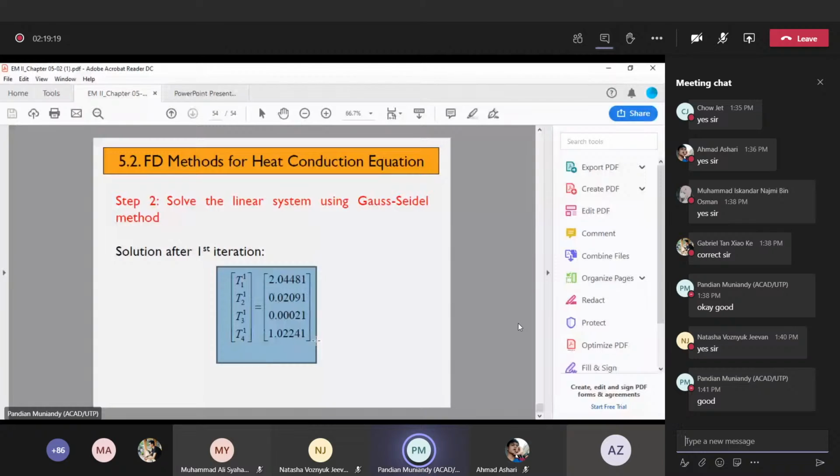Second, temperature T2 is 0.02091, and then temperature 3 is 0.00021, temperature 4 is 1.02241. This is first iteration. So if we can do 2 iterations in the next lecture, then we can find the error, the convergence epsilon.